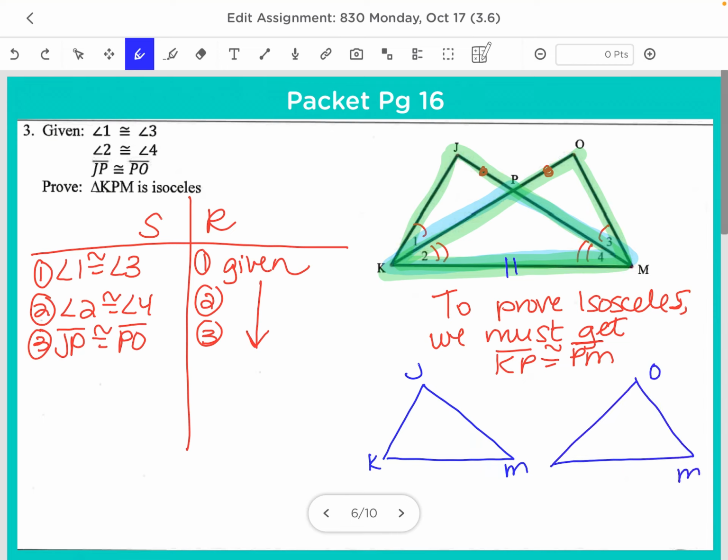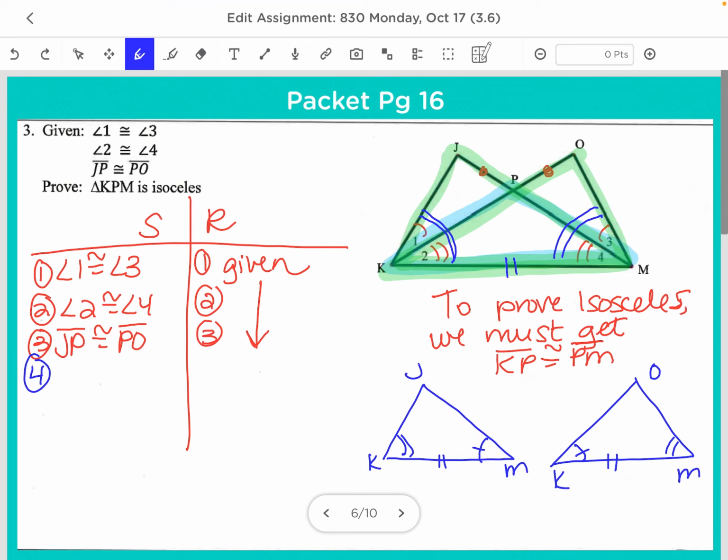Those are actually overlapping, unlike the orange ones we were talking about. So these sides would be congruent. I also have this angle here congruent to this angle here. And if I add angle 1 and 2 together, and I add 3 and 4 together, I'm going to have another set of congruent angles here in the corner. So I could get these triangles congruent by angle-side-angle. So I think that's what I'm going to do.